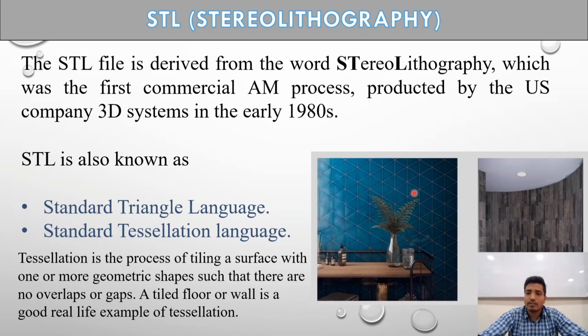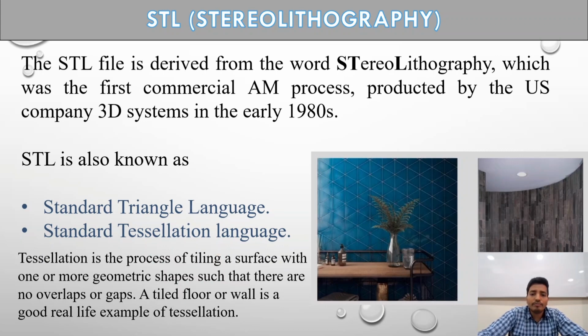It covers the entire surface. Here, this is a rectangular shape, but in STL we are mostly using triangles. This is just an example. Rectangular shapes are aligned side to side without overlapping to cover the entire surface. That process is called tessellation. That's why it is called standard triangle language, or also standard tessellation language.